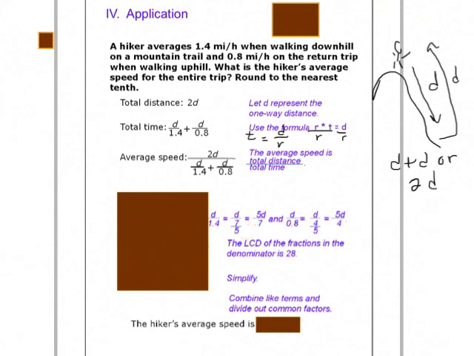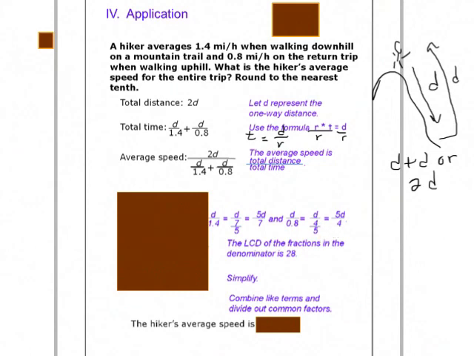Now in the second one, I have d over 0.8. Changing that to a fraction, it's d over 4/5. When I flip this over and take d times 5/4, it gives me 5 over 4 times d. That gets rid of our decimals.